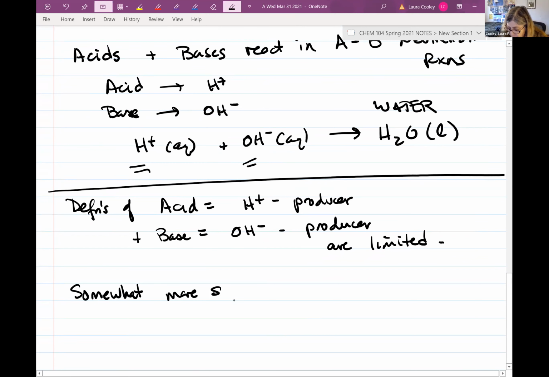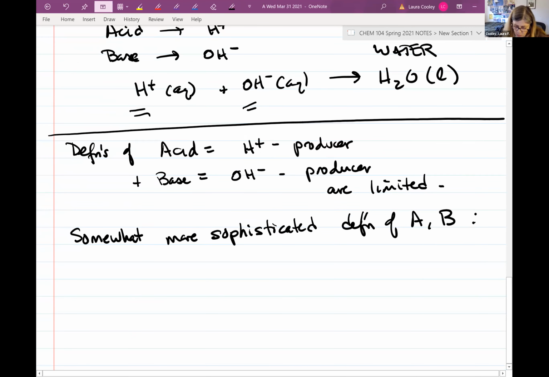So there is a somewhat more sophisticated definition that somebody actually gave me yesterday or Monday, a sophisticated definition of an acid and a base. And that more sophisticated definition is that an acid is a proton donor. So instead of just saying it produces H+, it says it donates H+.